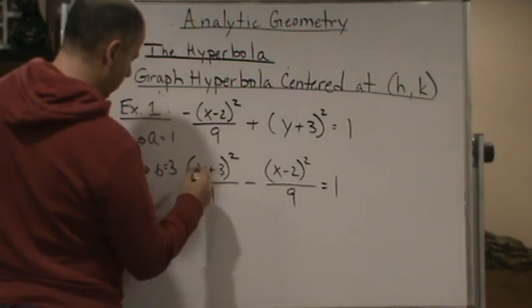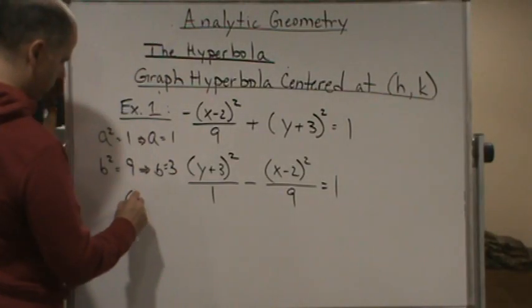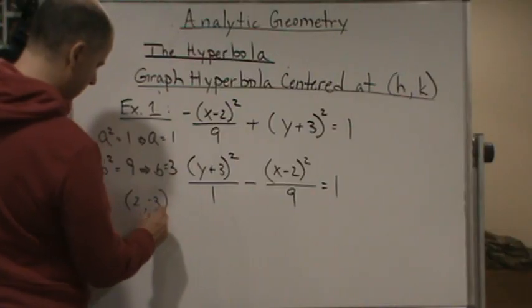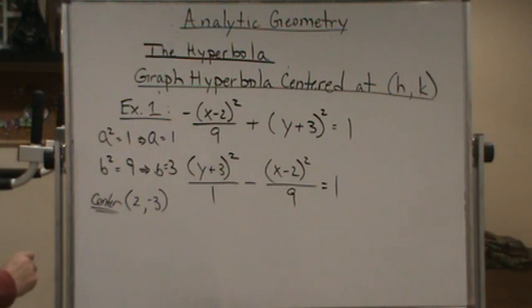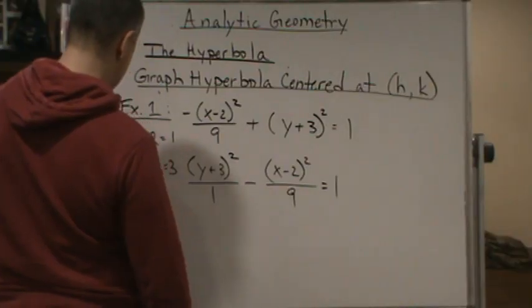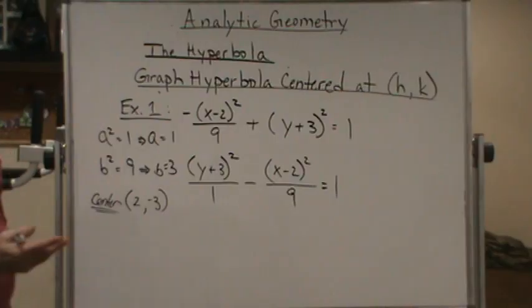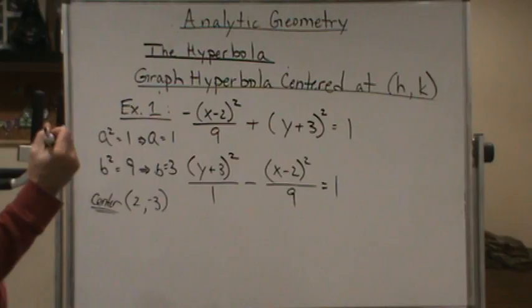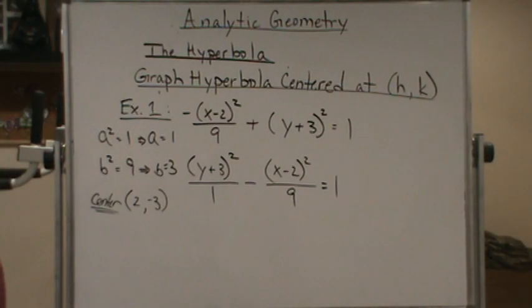So where's the center? Here, the center is going to be what? (h, k). So h is 2, k is negative 3. So here's the center. Now, b is 3, which is telling us where the box is, right?